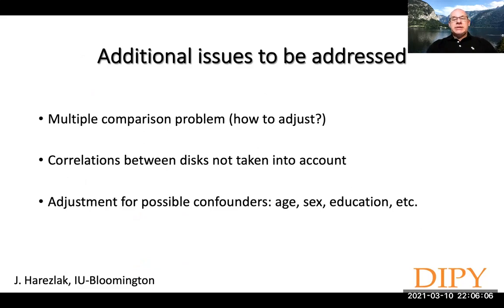So we're not adjusting purely with, let's say, a Bonferroni correction, which would really underpower our studies. Also, so far we haven't adjusted for possible confounders, but that's easy within the framework of the linear mixed models. This multiple comparison and the correlation between disks, I would say, are more important problems that need to be taken into account.